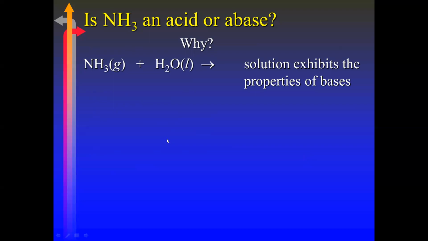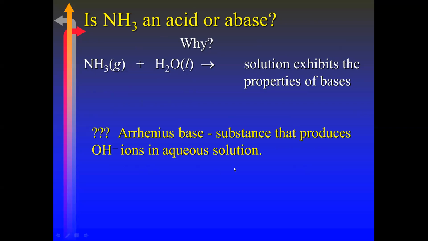According to the Arrhenius definition, if this one can produce hydrogen ions, it will be an acid. But the truth is, when this dissolves in water, the solution exhibits the property of a base, not an acid.